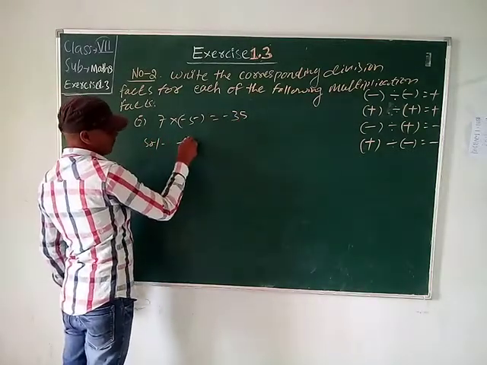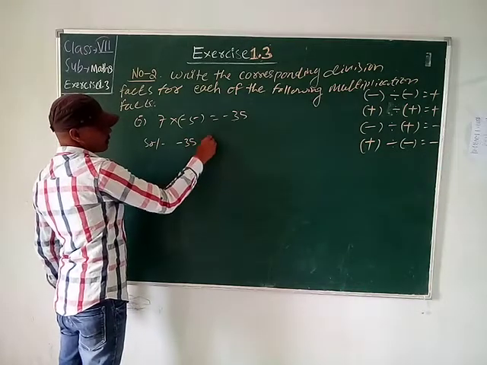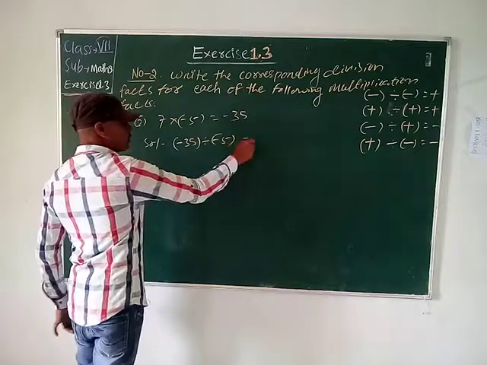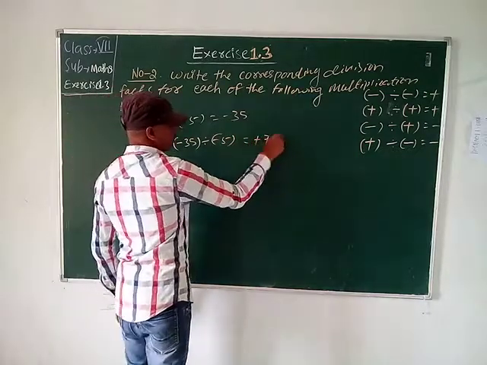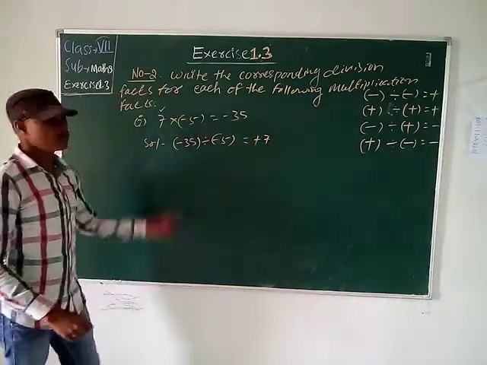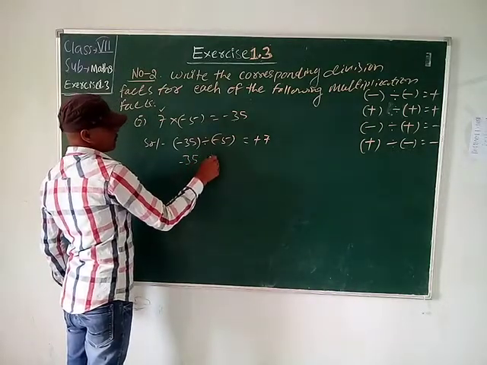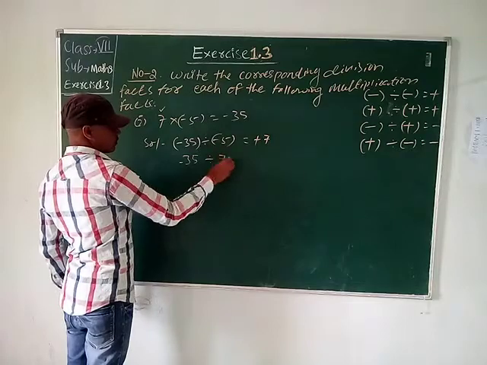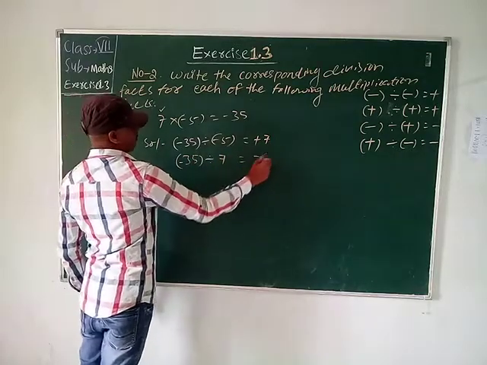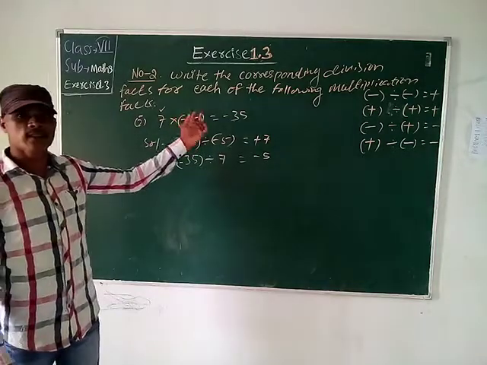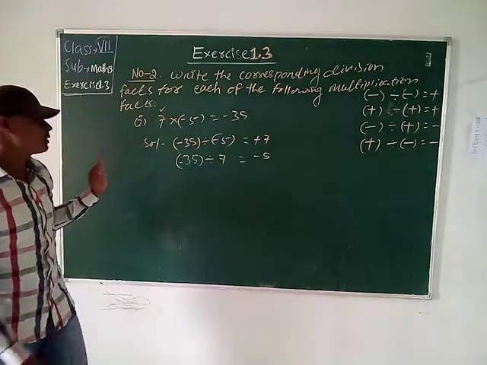Minus 35 divided by minus 5 equals 7. We got the 7. Now minus 35 divided by 7 equals minus 5. So you write here minus 5.